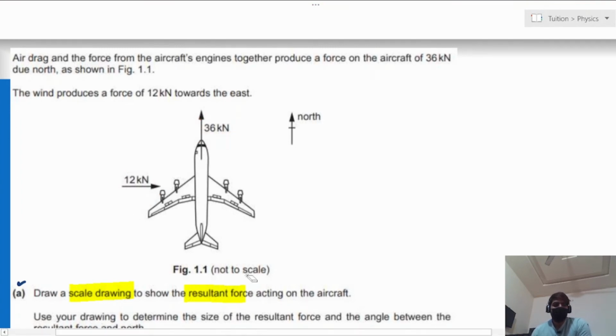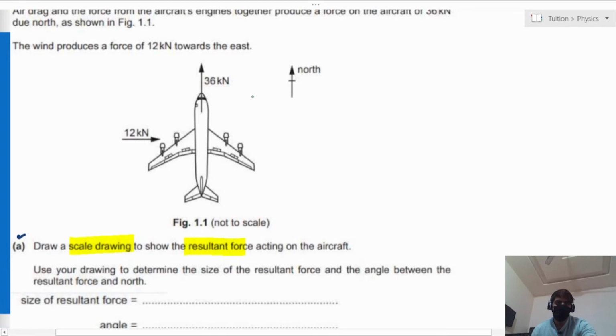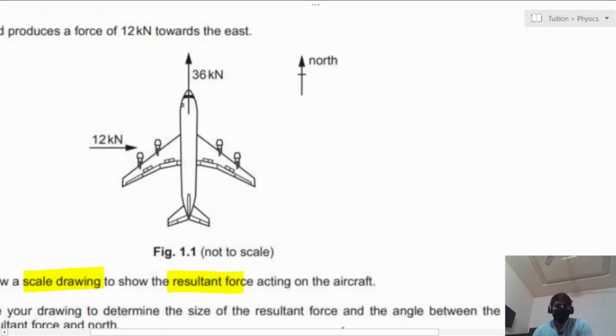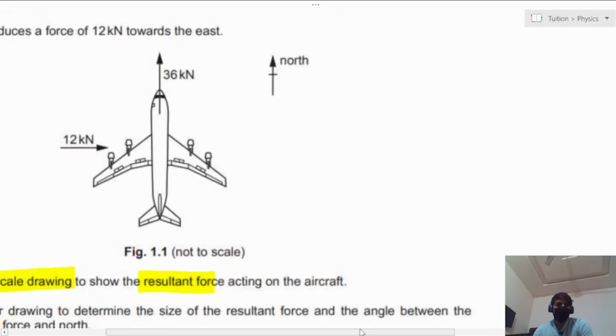Now for the scale drawing, first of all you have to draw a proper, appropriate scale that would be suitable for the values of force that are given in the question. So I have to deal with the force of 12 kilonewton and 36 kilonewton. Now when I have to represent these two forces on the paper, I have to draw a line.